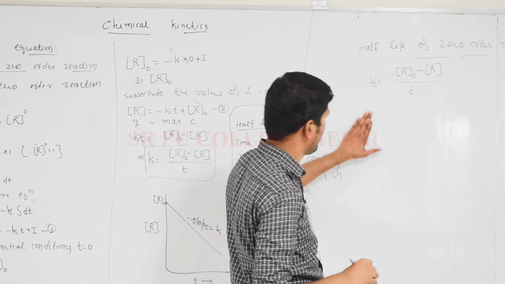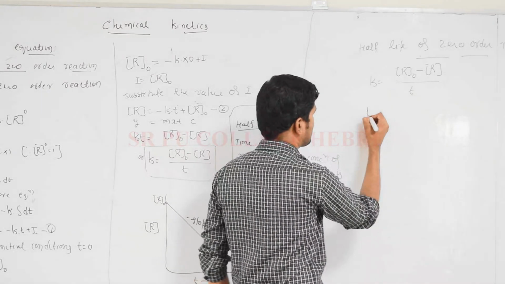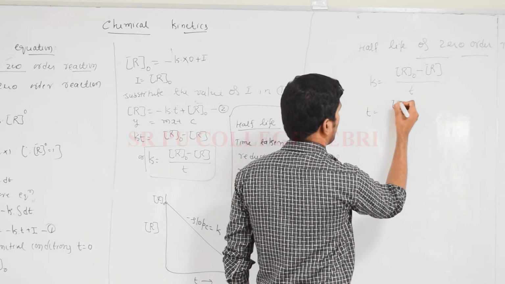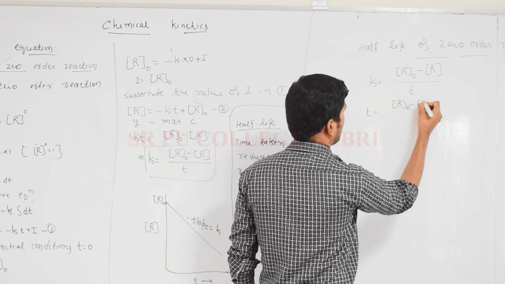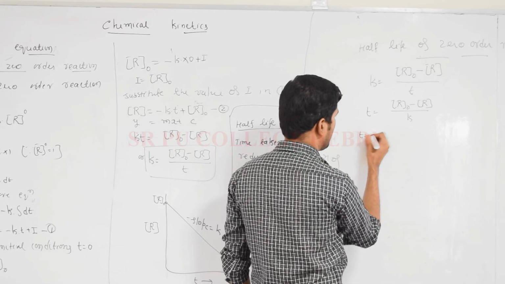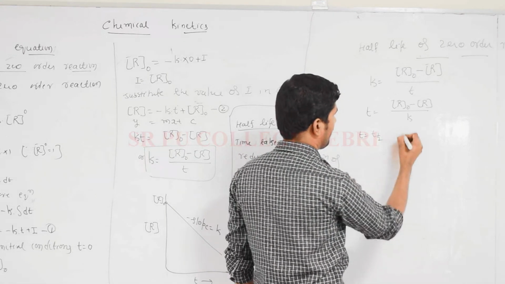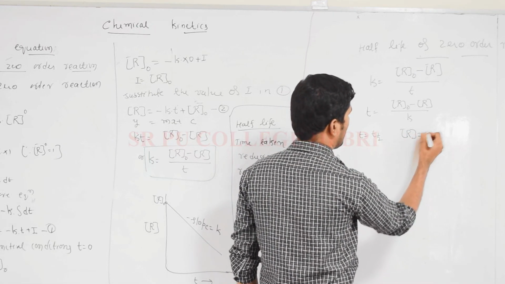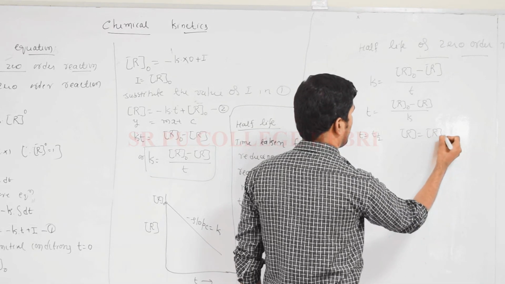Therefore you write this equation as T is equal to R naught minus R divided by K. Now T is equal to T half, and R is equal to R naught divided by 2.